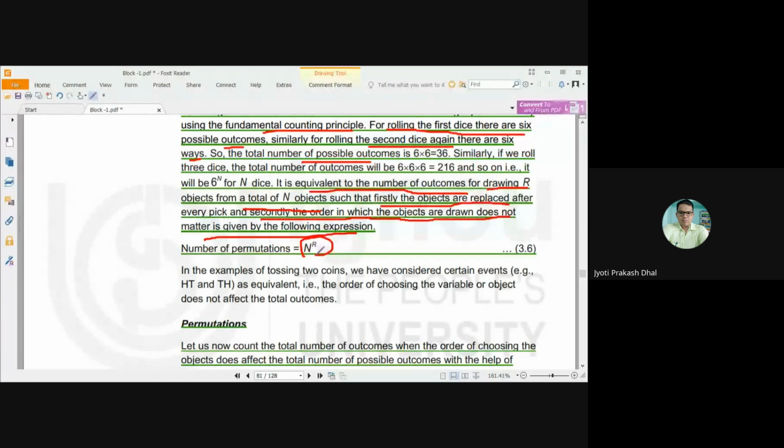That means the number of outcomes of drawing r objects from a total number of n objects, and here the number will be n to the power r.